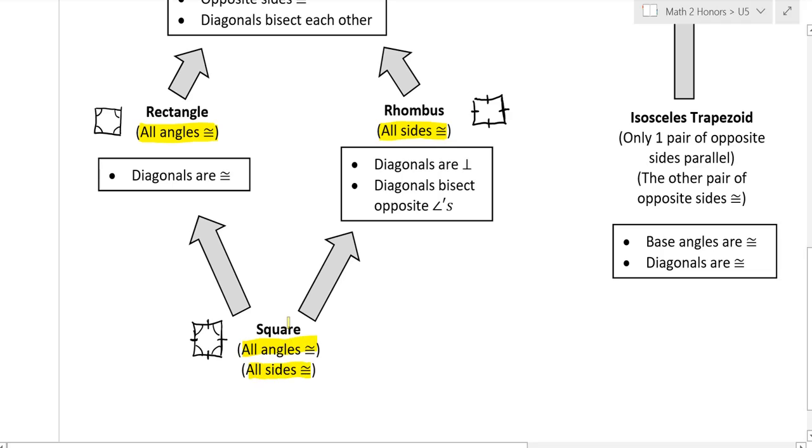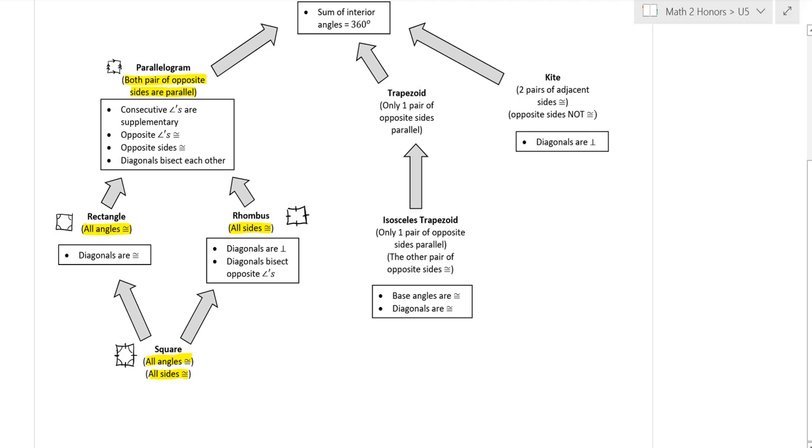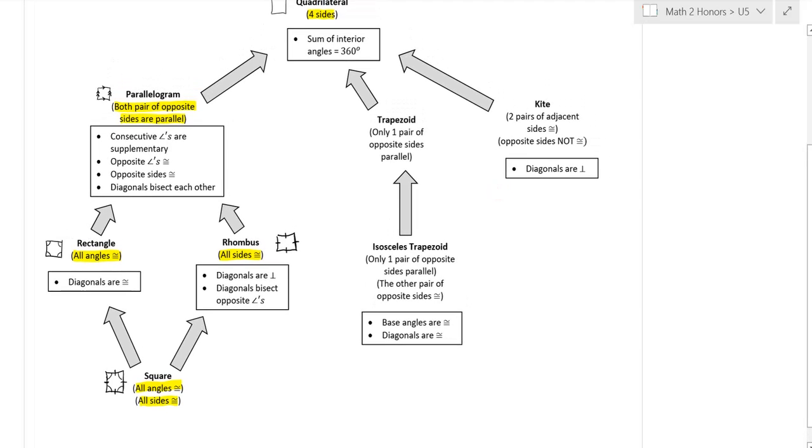So square, the definition is all angles are congruent and all the sides are congruent. So those are four types of quadrilaterals that are related to each other: the parallelogram, the rectangle, the rhombus, and the square.